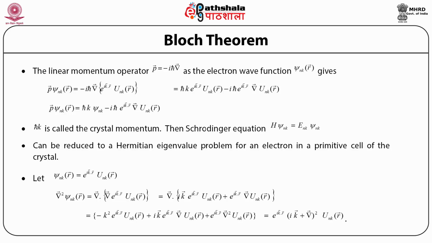Therefore, del squared psi_nk(r) is del squared of e^(ik·r) u_nk, which can be expanded in this form. And finally, del squared psi_nk(r) can be written as e^(ik·r) times (ik + del) whole squared u_nk(r).